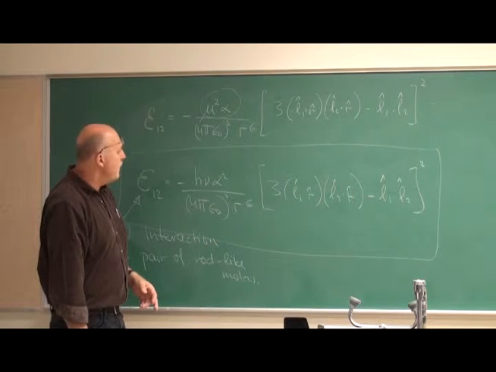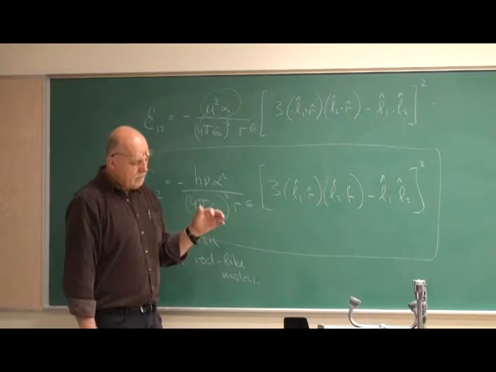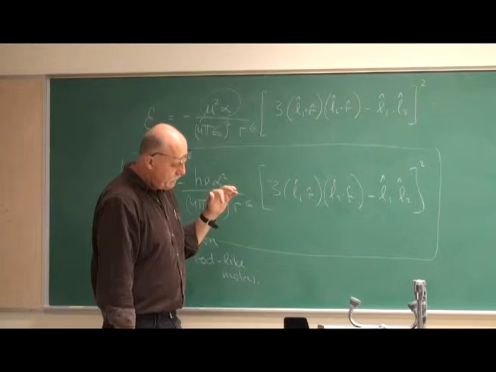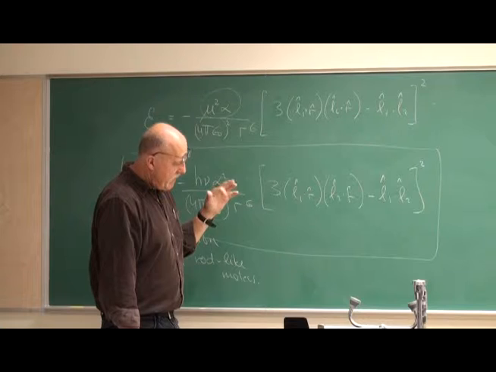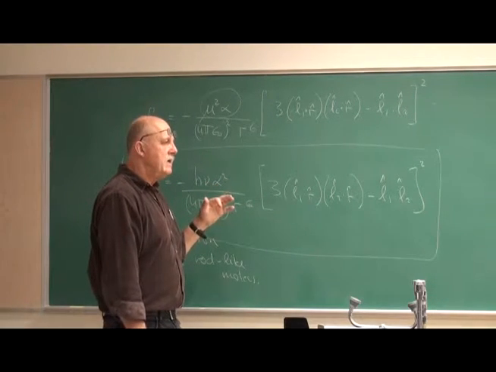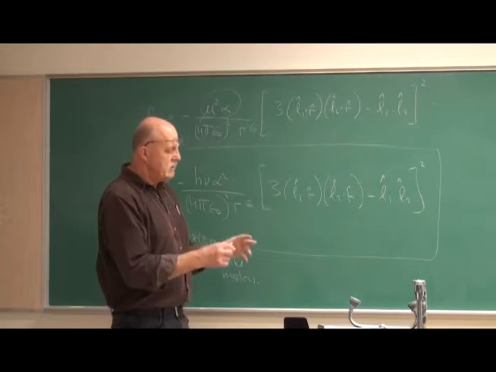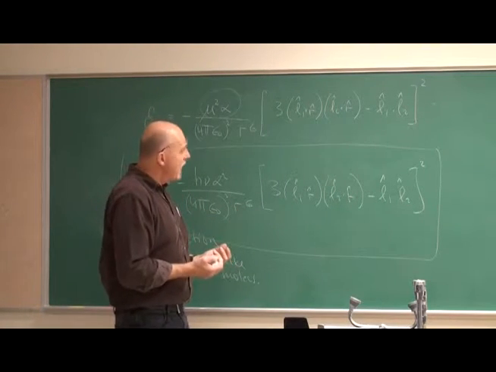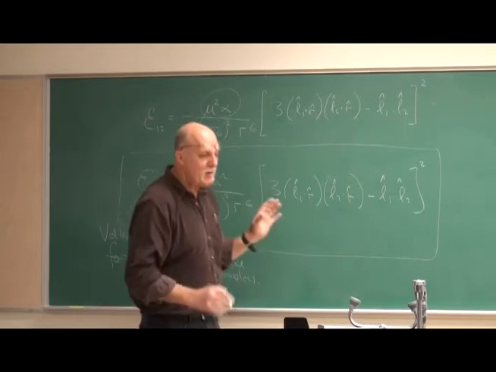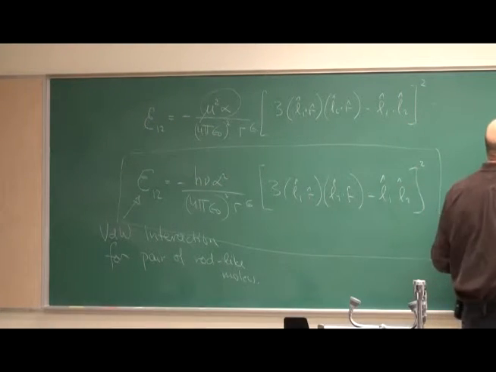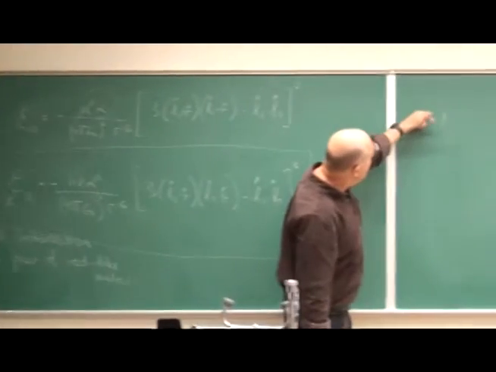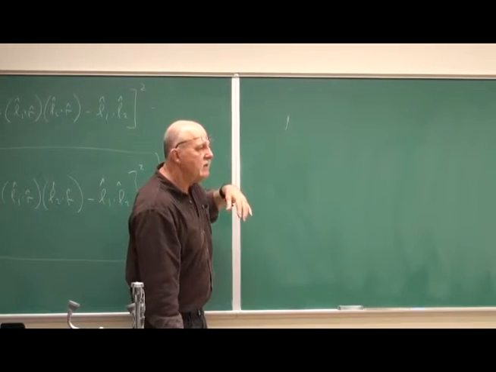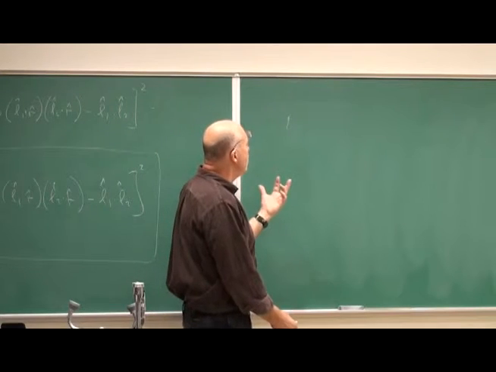Okay. The other important thing worth mentioning is that we have oscillating dipoles in here, but it turns out that the interactions are near field interactions. If you have a dipole that's oscillating for whatever reason, then it creates an electric field, and that electric field has three terms in it.